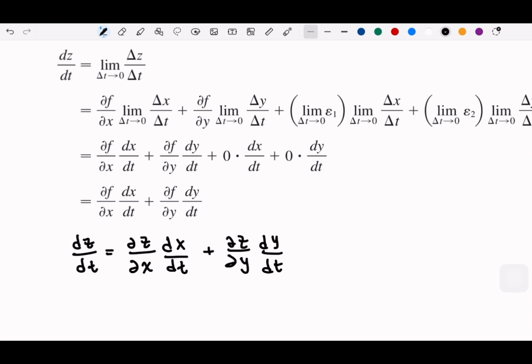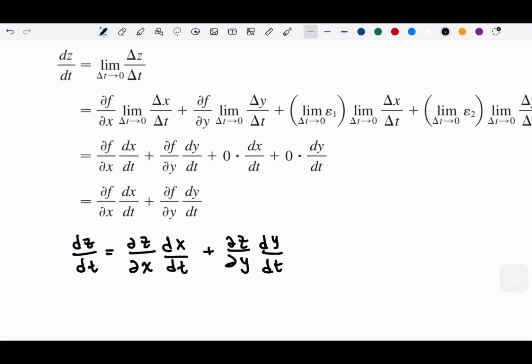If you can see how we write this function, this is actually nice and easy to follow. If you carefully see the goal, the goal is the derivative with respect to t of our z. We know that z is a function of x and y, right?